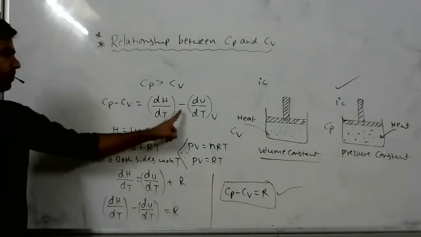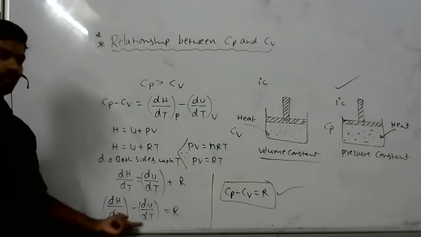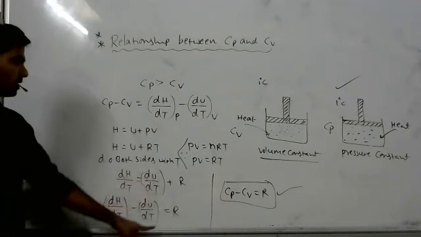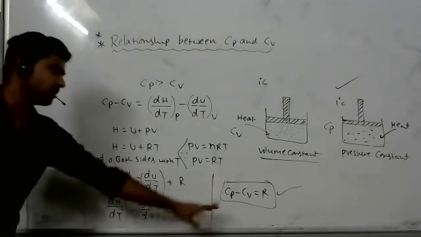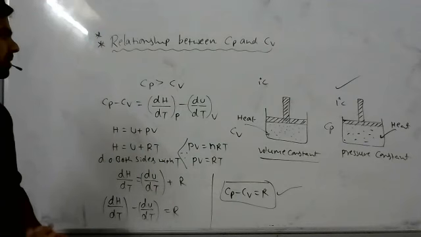Here dH by dT minus dU by dT came, and we got the same terms here also, equal to R. Equating, Cp minus Cv is equal to R. This is only the derivation. It is a very small derivation, but it has 2 marks, sometimes they ask 3 marks also.